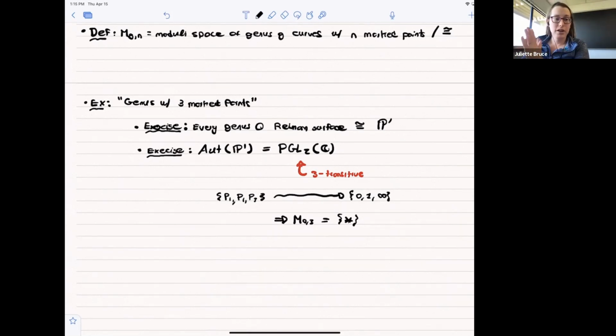And so here, I should briefly mention that there's a lot that goes into this definition. I've claimed that this is what it is, but saying what something is and saying it exists, maybe those are different things, maybe not. I don't know what your philosophical predilections are, but I will say that Riemann in 1857 used the term moduli to describe this thing and even computed its dimension in some sense.